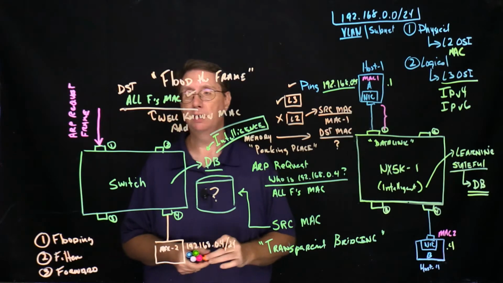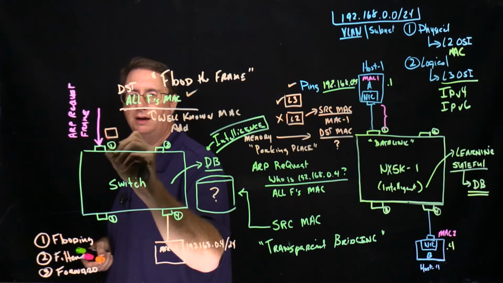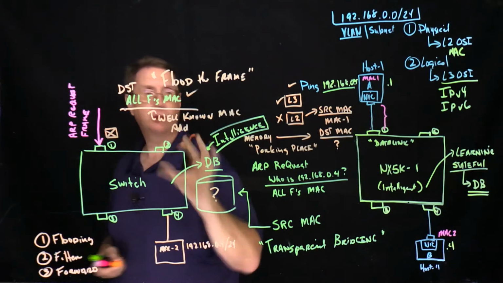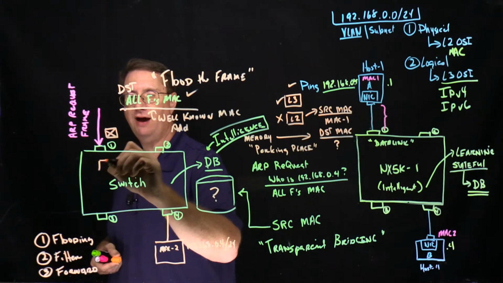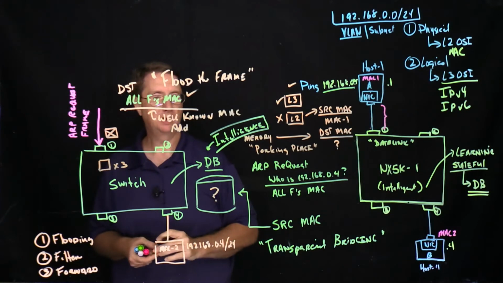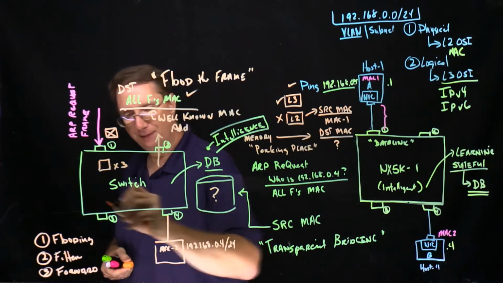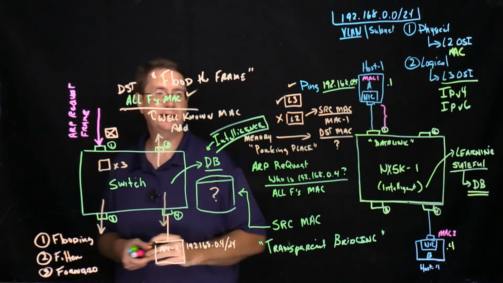MAC address. So what this implies is that as this frame enters this switch, the switch is actually going to replicate this frame. I'm going to take this frame and replicate it 3 times, and I'm going to send that frame out every interface on this switch.